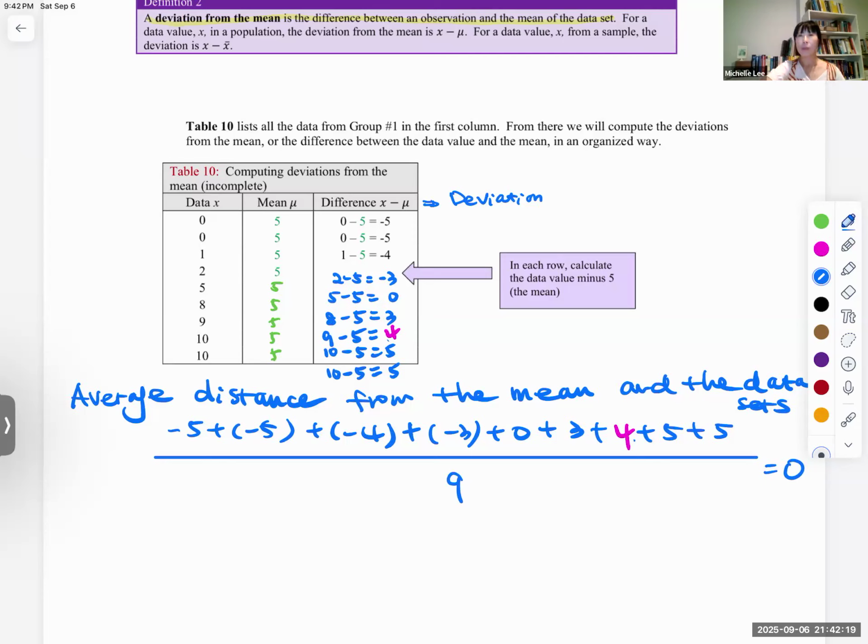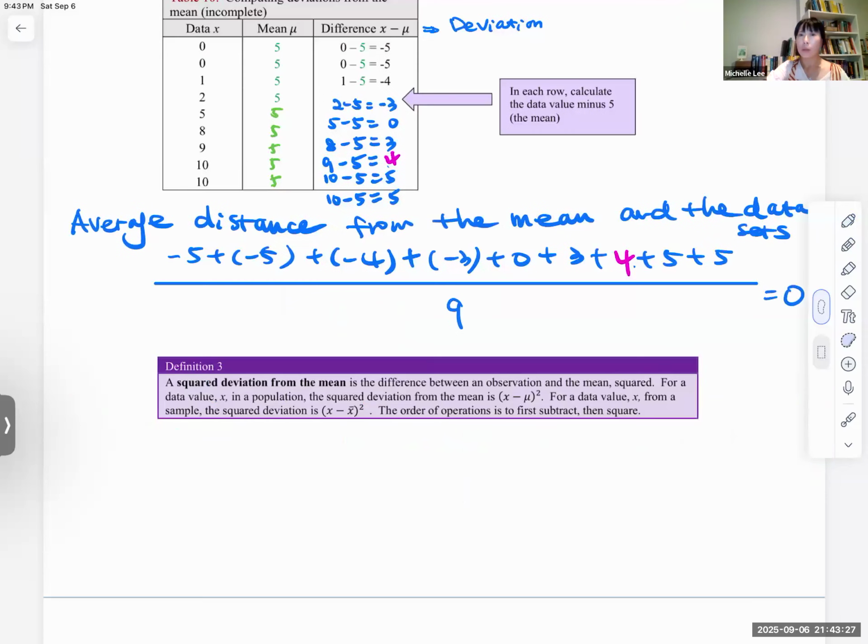Let me bring the definition here. So we want to square them. Basically x minus mu, which we had earlier, and then we square it.